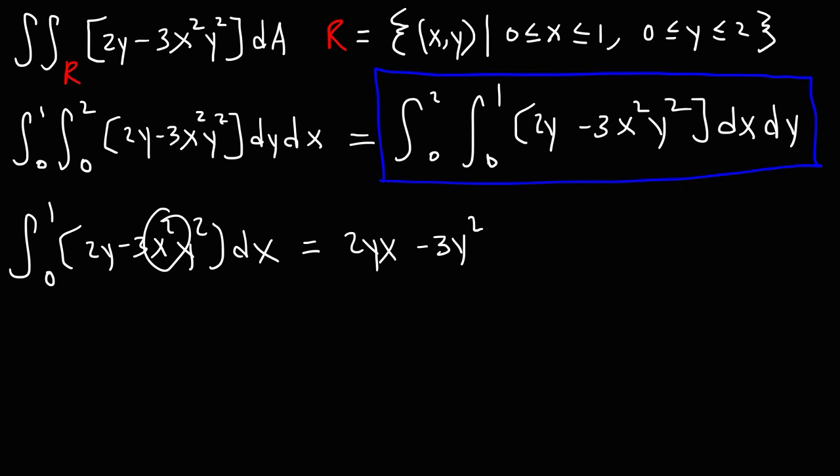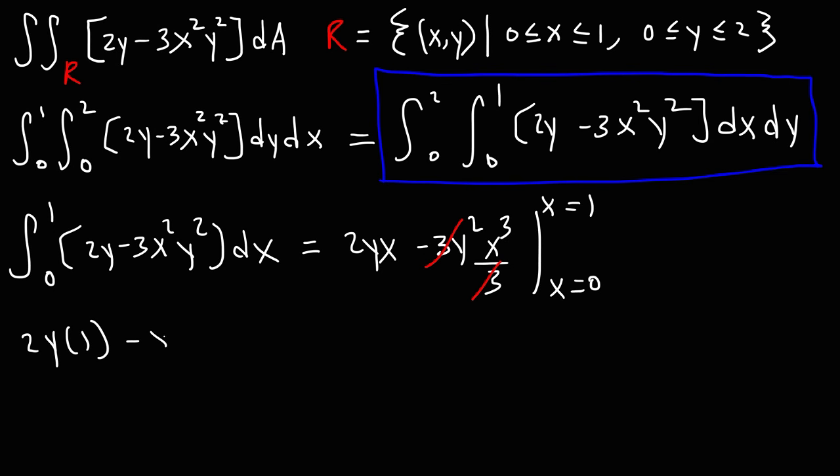The antiderivative of x squared is going to be x cubed over 3, evaluated between 0 and 1. So here we can cancel out a 3. So this is going to be 2y times 1 minus y squared times 1 to the third, and then we need to plug in 0.